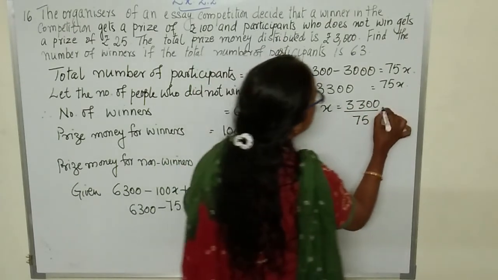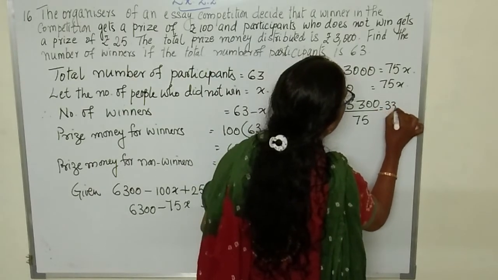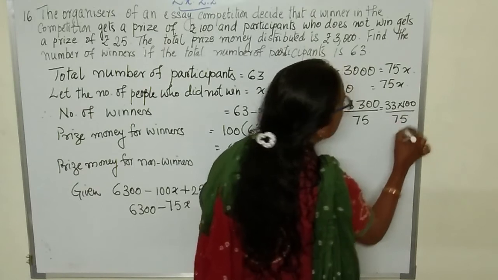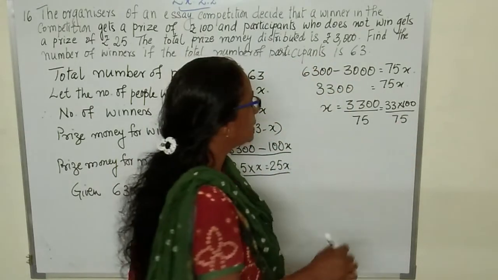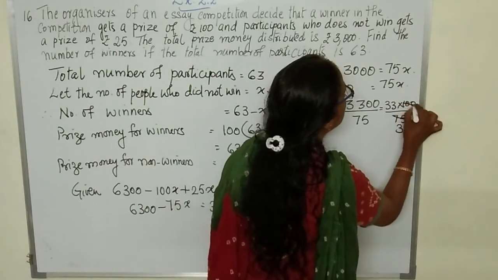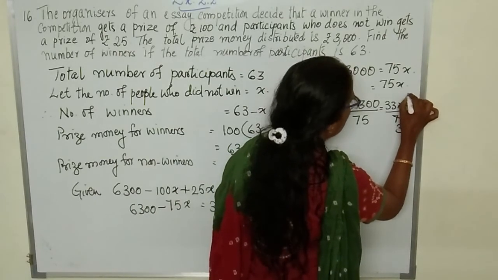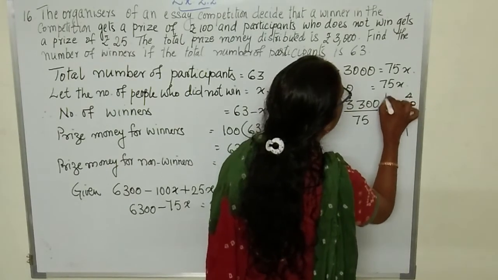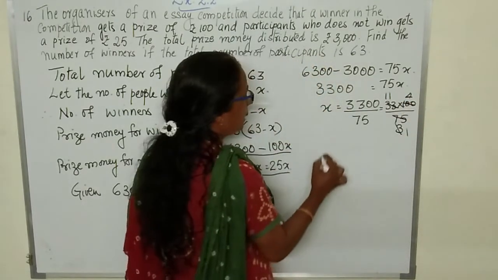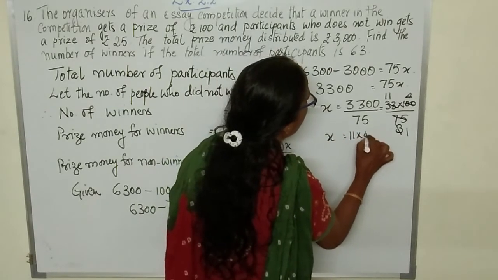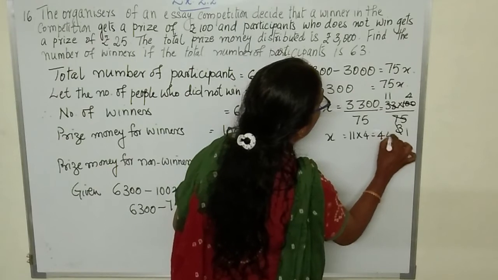So if you write this as 33 into 100 upon 75, easily you can do cancellation. We know that 3 25s are 75, 4 25s are 100. Similarly, 3 1s are 3, 3 11s are 33. So the value of X is equal to 11 multiplied by 4, that is 44.